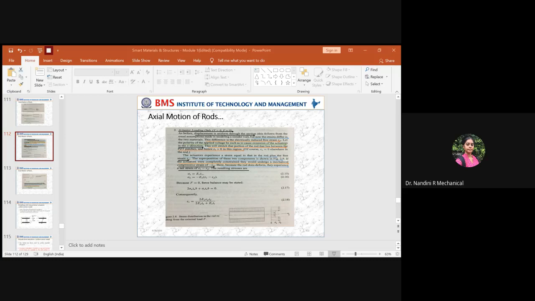You have to observe the last two equations here. So what are the last two equations? This is the strain induced across the structure for mechanical loading, and this is the strain induced across the structure for actuator loading. When you have both the cases together, you will be adding both the equations over here.